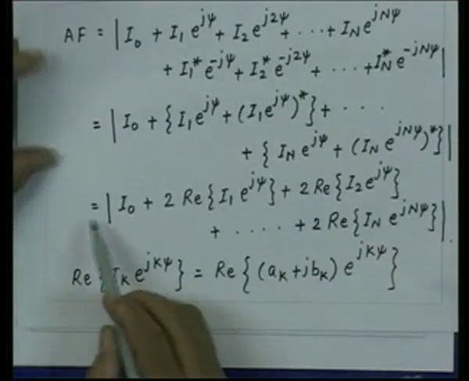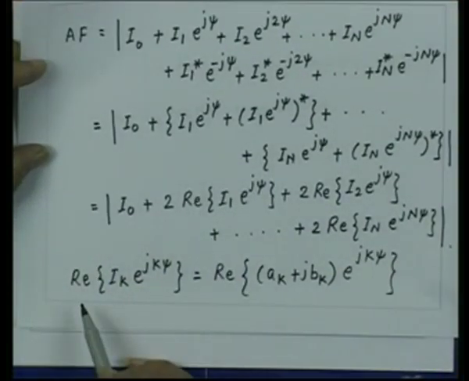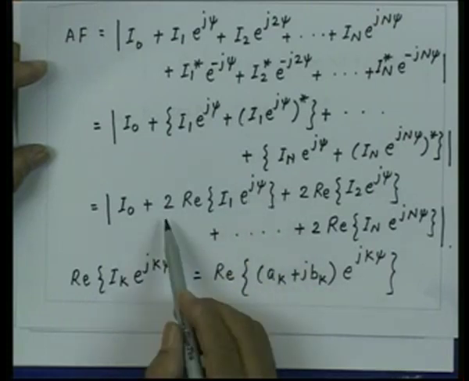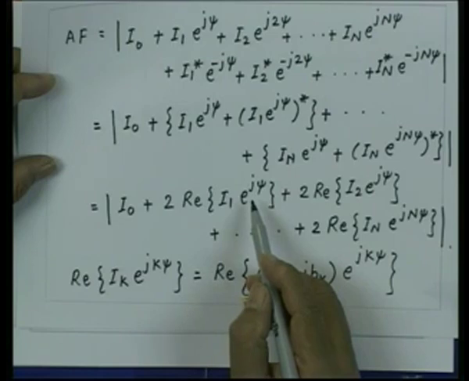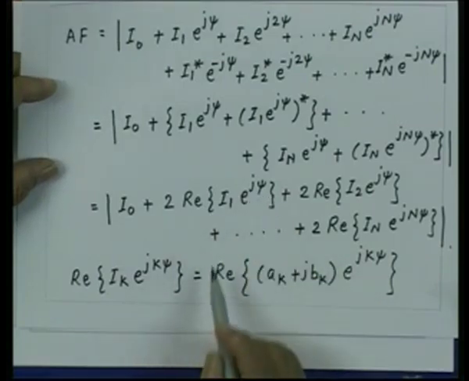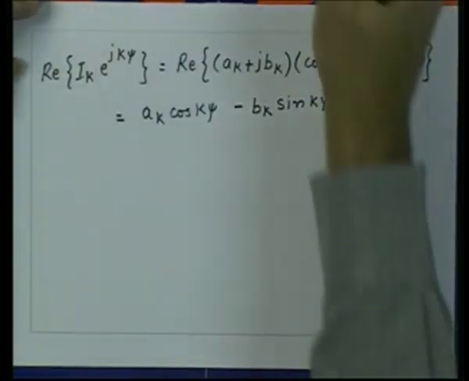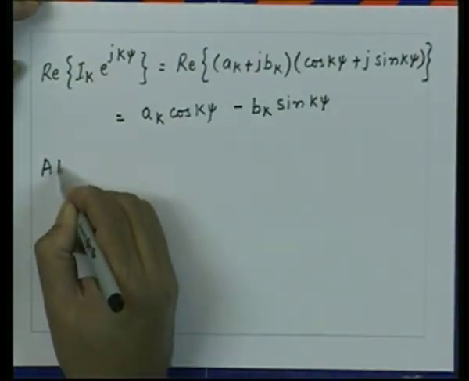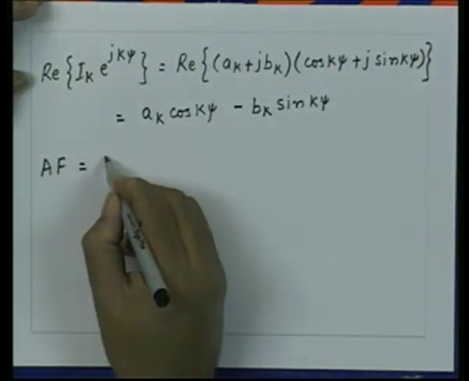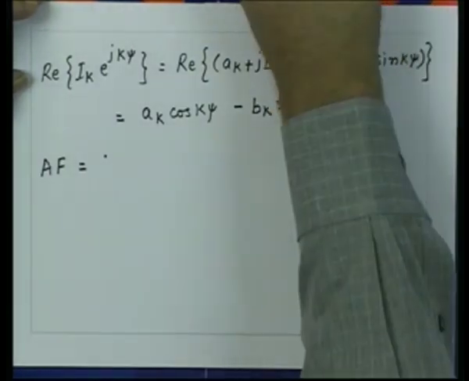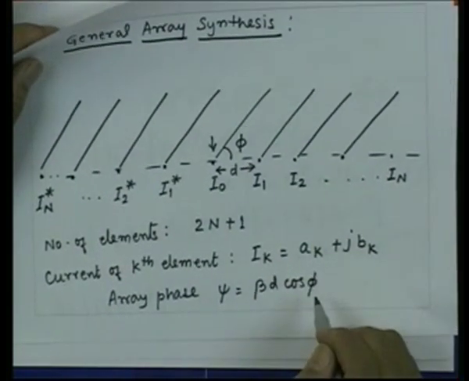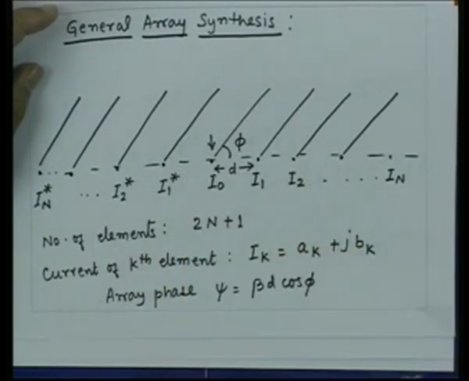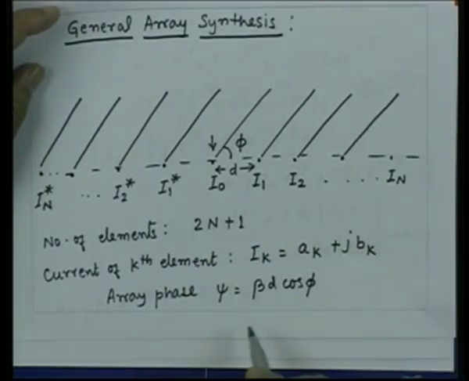So, I can substitute now in this expression for the array factor. So, this quantity will be 2 times a1 cosine of psi minus b1 sine of psi and so on. So, you can write now the array factor as I0, and I0 will be a0 plus j b0, and since we are saying there is a conjugate symmetry, the b0 has to be identically 0.